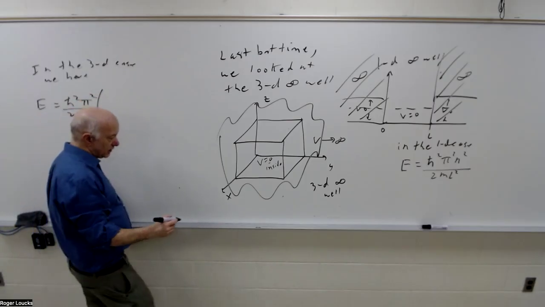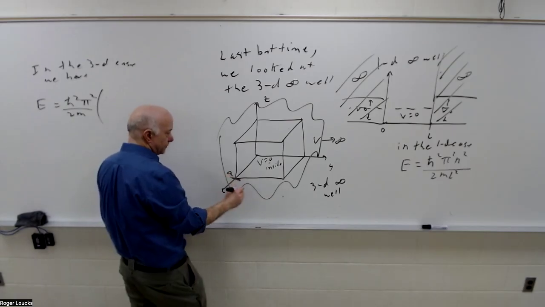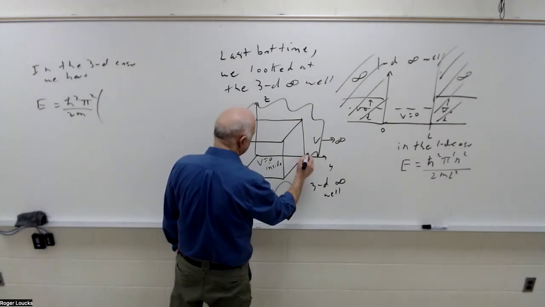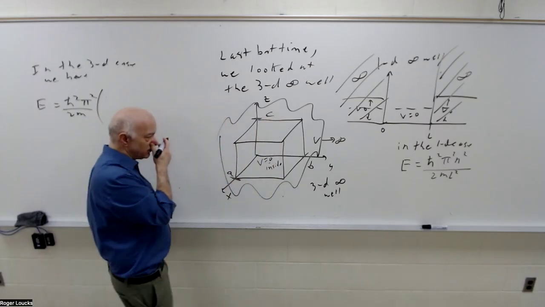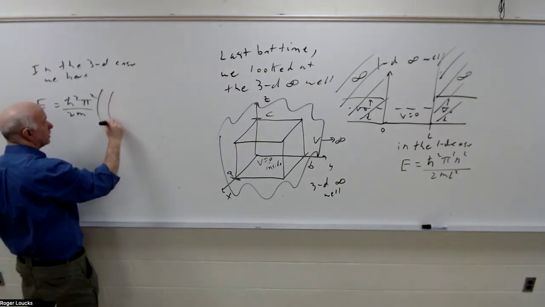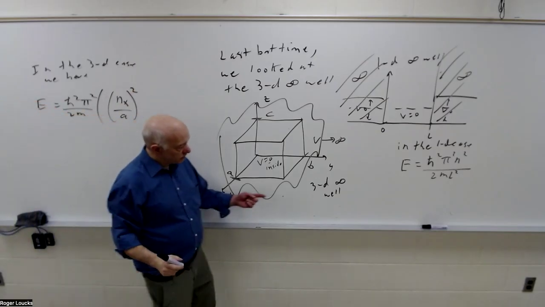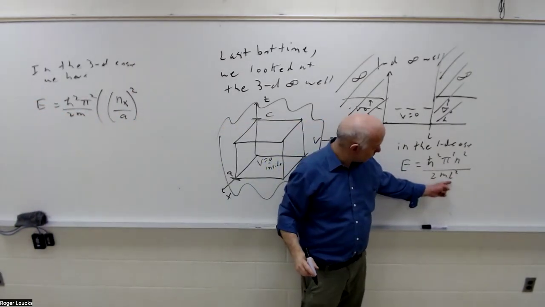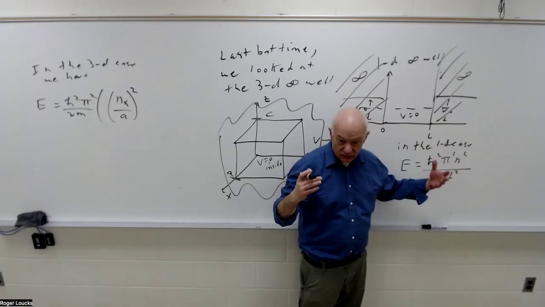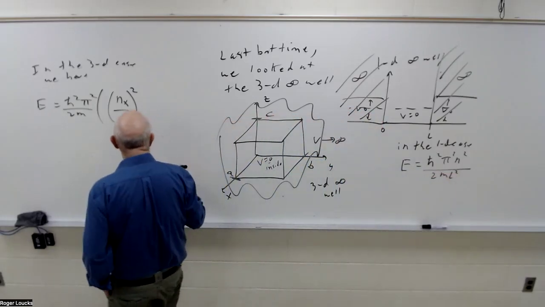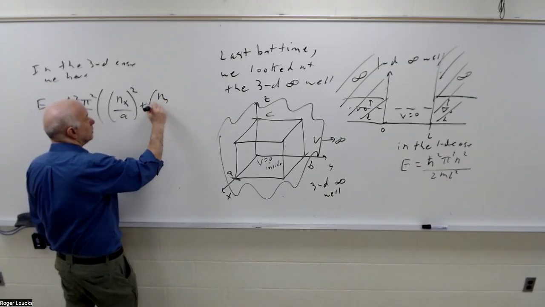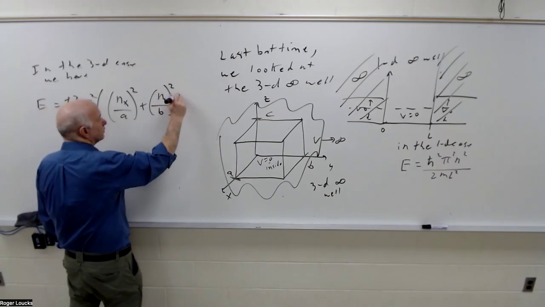But then, if I call this length in the x direction A, the length in the y direction B, and the z direction C, we end up with n_x over A squared, just like this n squared over L squared. It's that exact same term. And then we just have the Y, and then we have the Z.